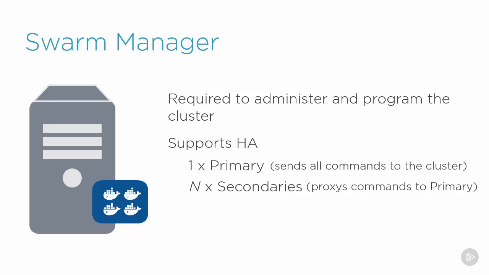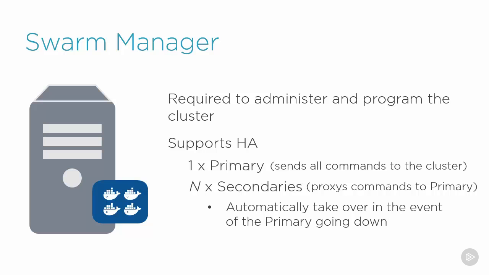Then, in the event that the primary goes down, a leader election occurs and one of the secondaries gets bumped up to primary status and it's business as usual. And that's what we're all about in production, right? Business as usual. Well, I think that's the main gist of the discovery service and the Swarm Manager. Next up, let's look at filtering and scheduling.